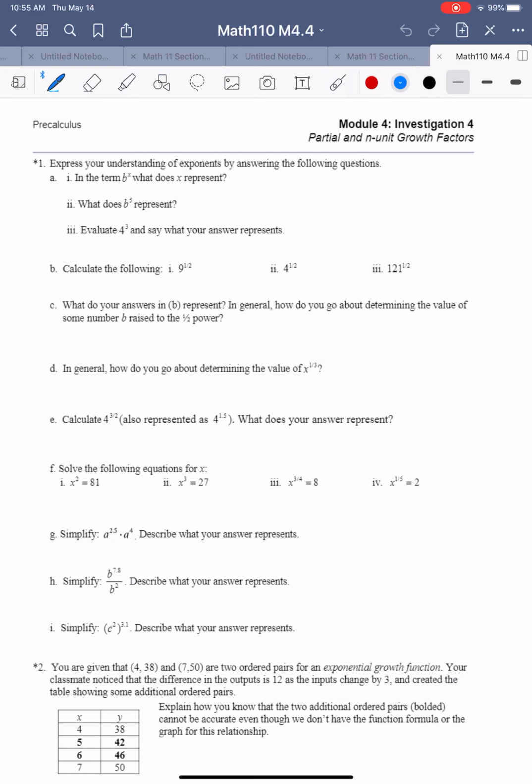So x is the input value. And then what does b to the fifth power represent?